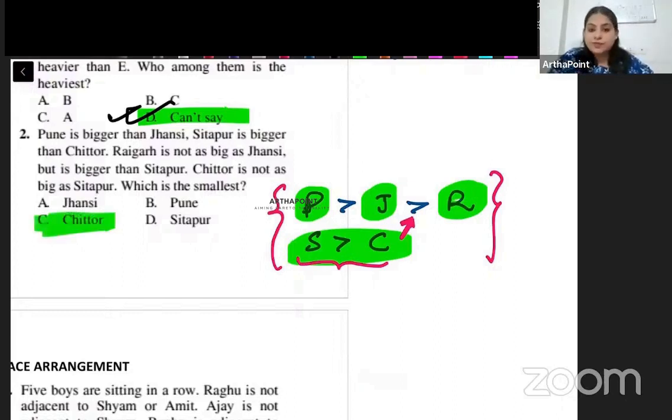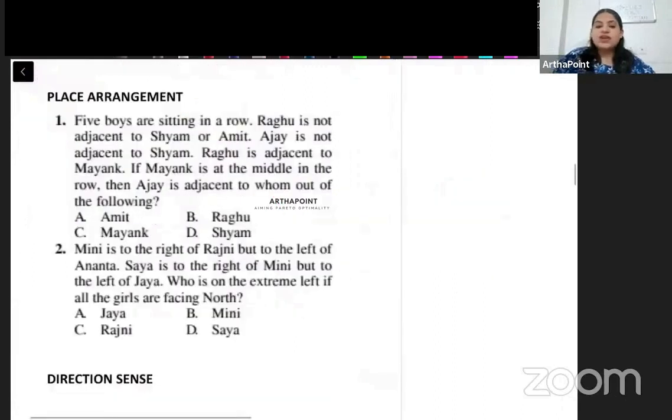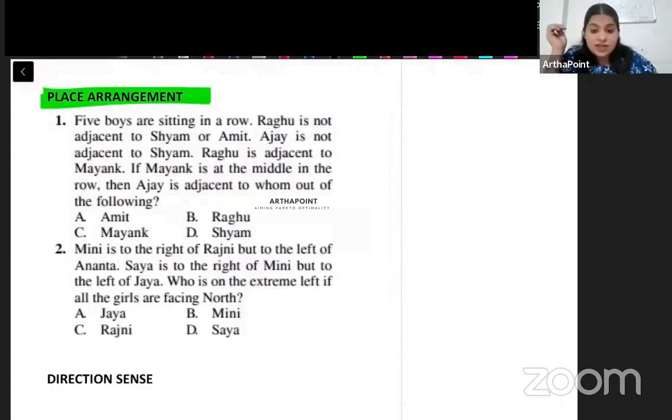It is Chittor. Okay, beta, come to the next kind of question, and this is called place arrangement. Questions of this kind also come quite often.